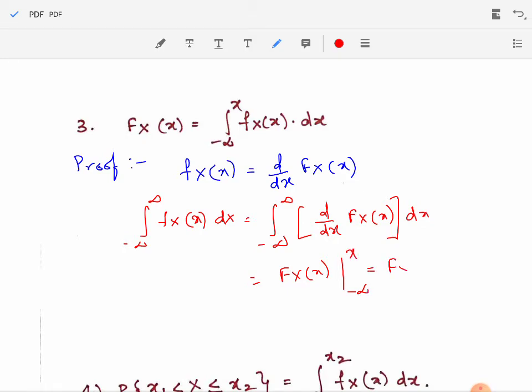This is equal to F_X(x) minus F_X(minus infinity), and you know that F_X(minus infinity) is 0.